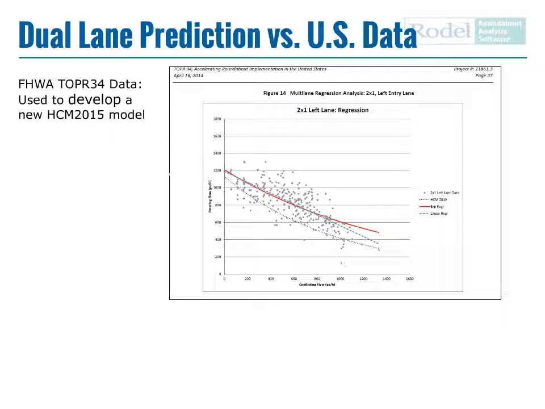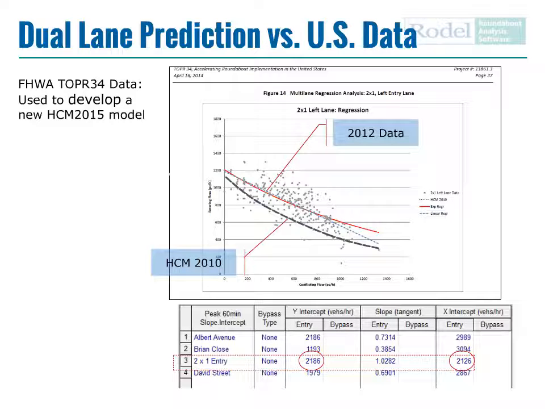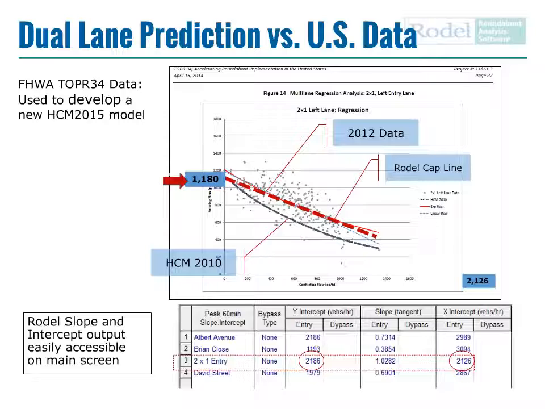Of course, Rodel allows you to easily compare how Rodel is predicting compared to the US data, and we'll look at the X and Y intercepts of the capacity prediction.